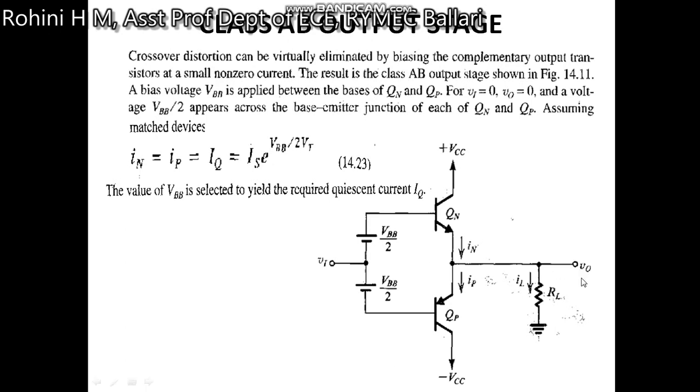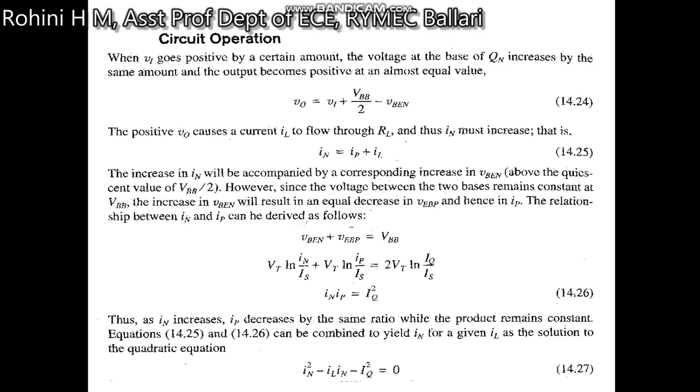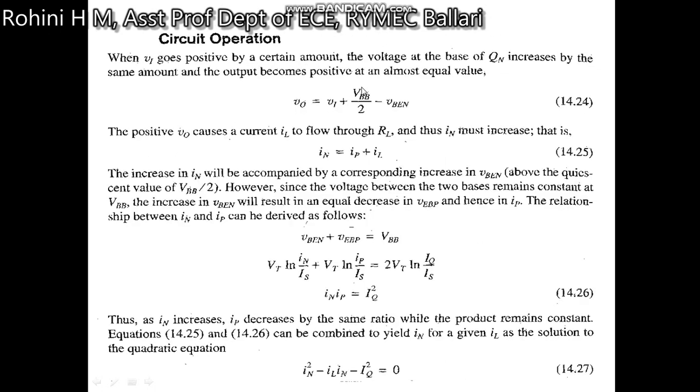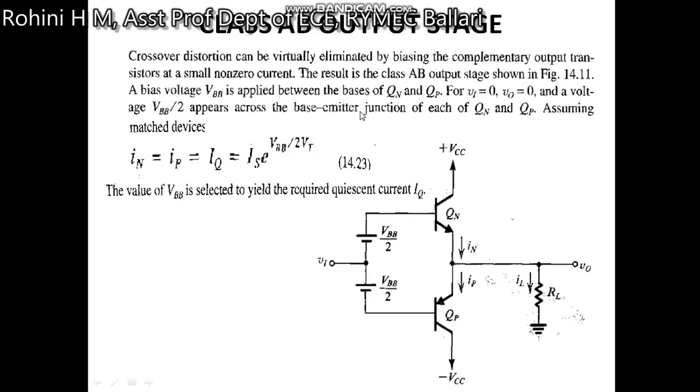So the output expression is given here as Vout equals V1 plus VBB by 2, this voltage minus this drop, that is VBE of which transistor?